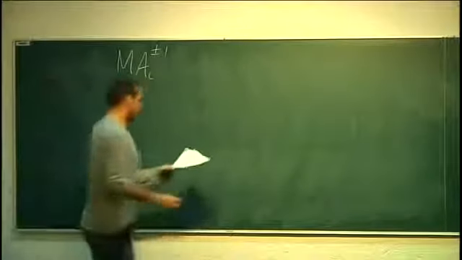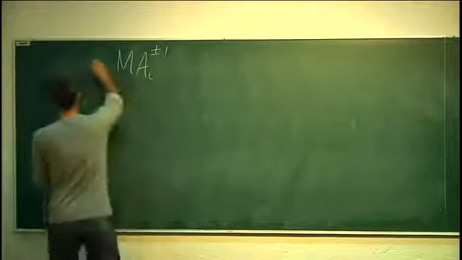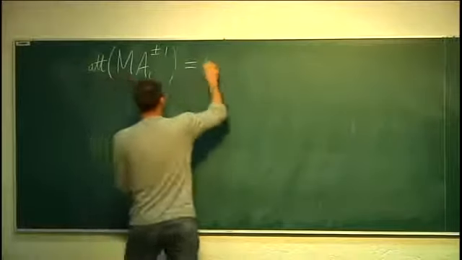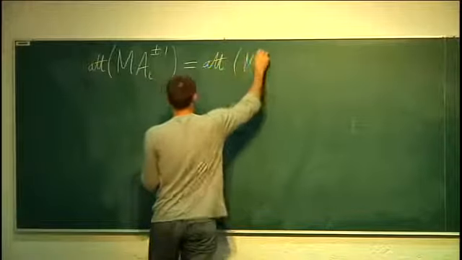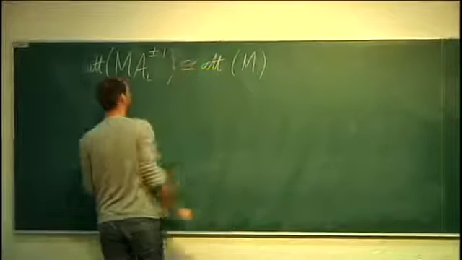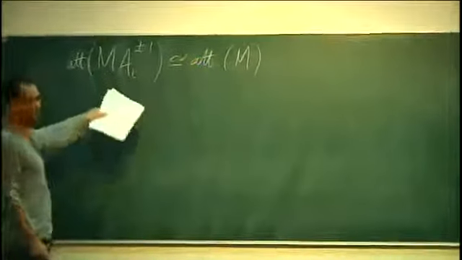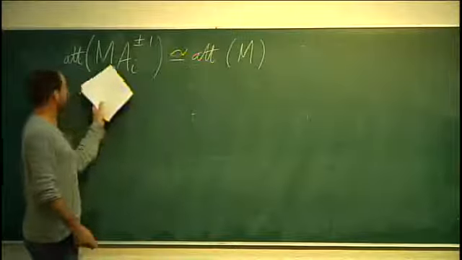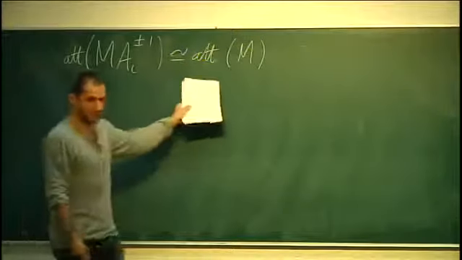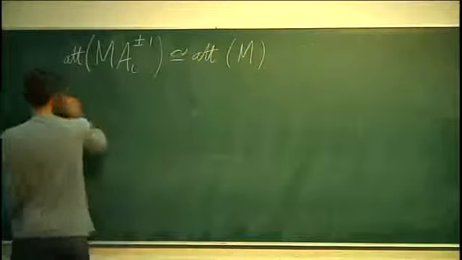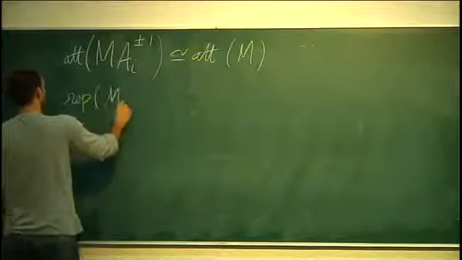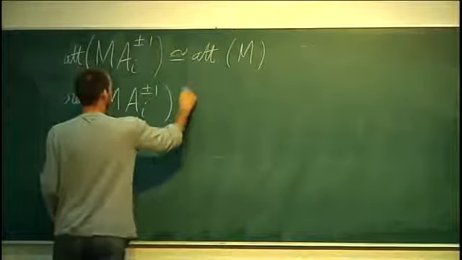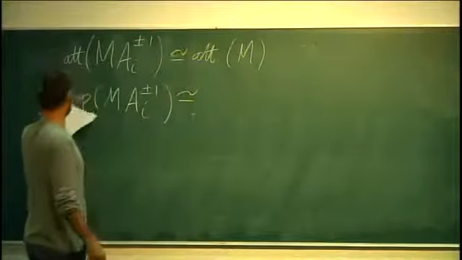So I claim that the attracting ball of this one is the same as the attracting ball of M. It's not exactly the same; they are defined up to an exponential error, but this is true. And the repelling ball is approximately... this repelling ball is going to move a lot.